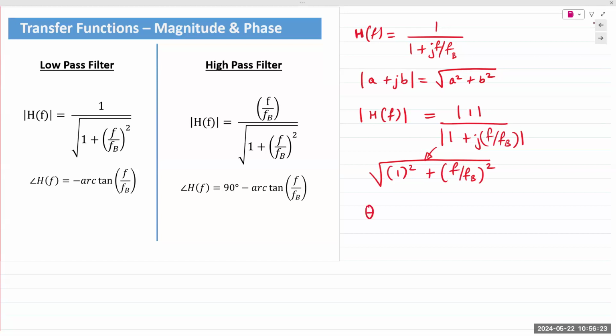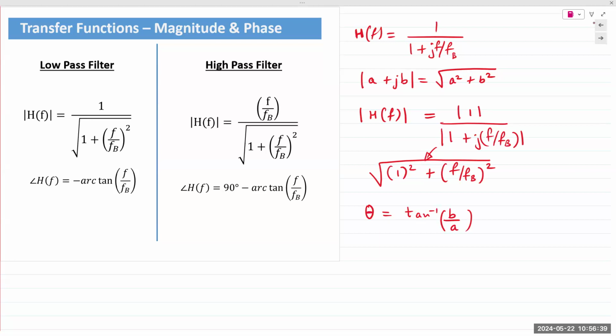Phase is tan inverse of b over a, or arctan. Arctan and tan inverse are the same thing. So tan inverse of b over a.